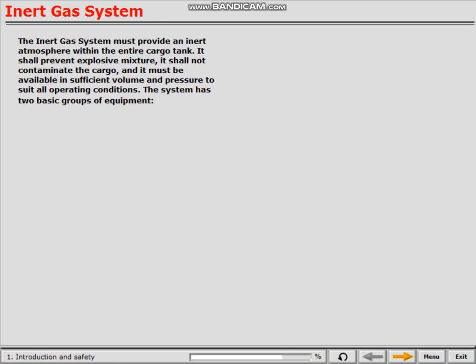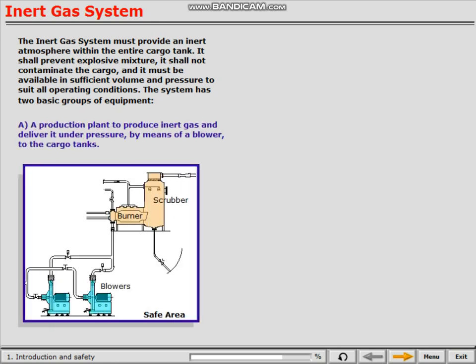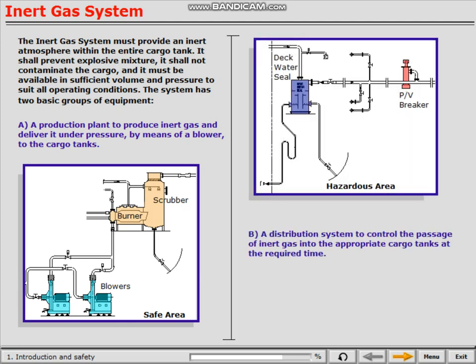The system has two basic groups of equipment: a production plant to produce inert gas and deliver it under pressure by means of a blower to the cargo tanks, and a distribution system to control the passage of inert gas into the appropriate cargo tanks at the required time.